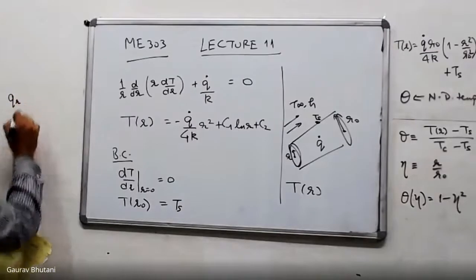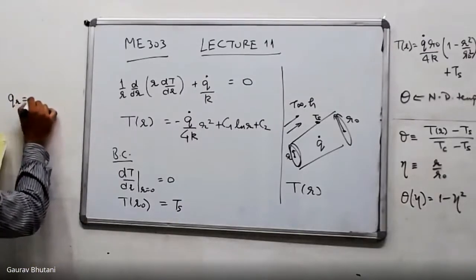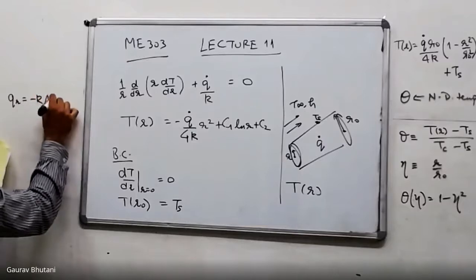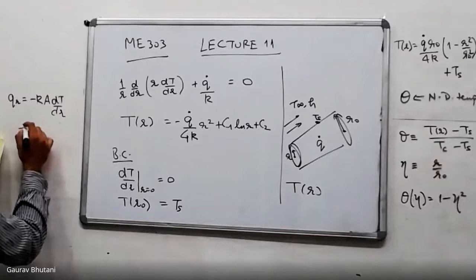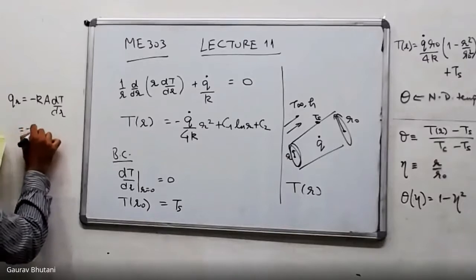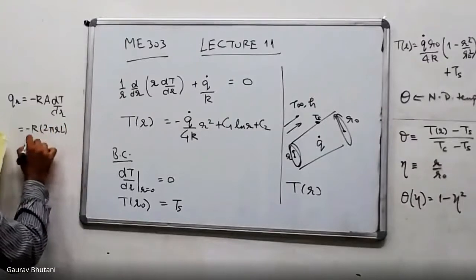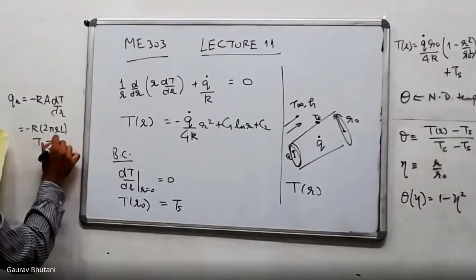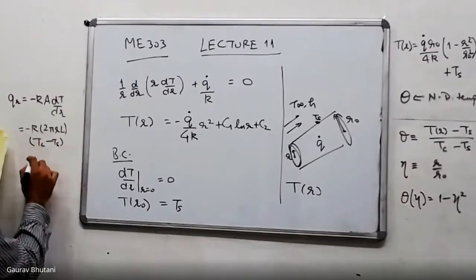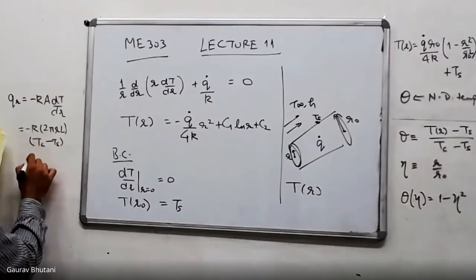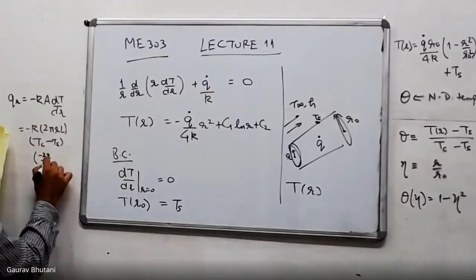So QR in this case, as you know, is minus Ka dT by dr. So this becomes minus K times 2 pi RL times Tc minus Ts, which is my delta T, and then I have this times minus 2R upon R naught square.